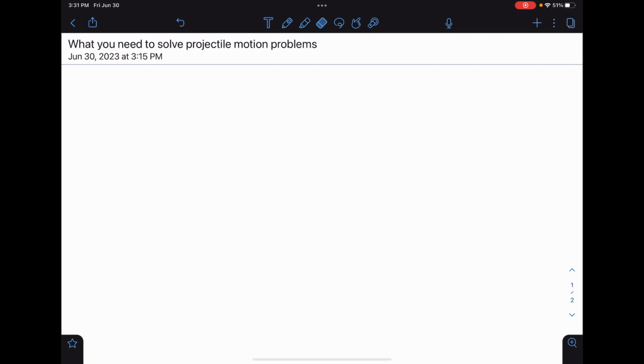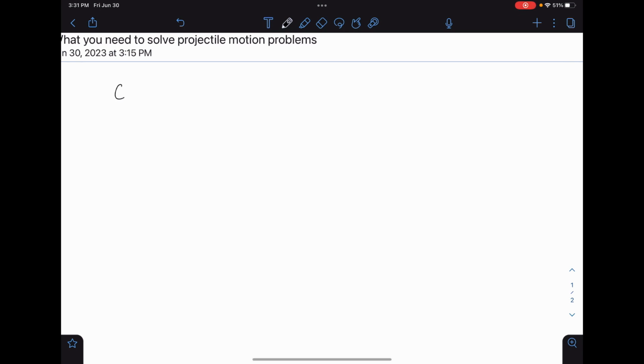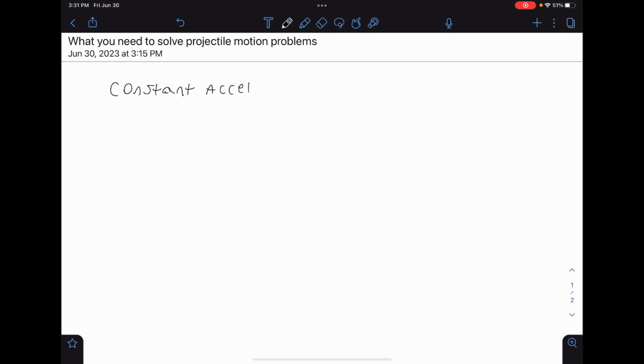I'm going to get rid of this, and I want a blank page, and I just want to document here all of the constant acceleration equations. So when we have constant acceleration, you're going to use one of these, I think there are five equations.